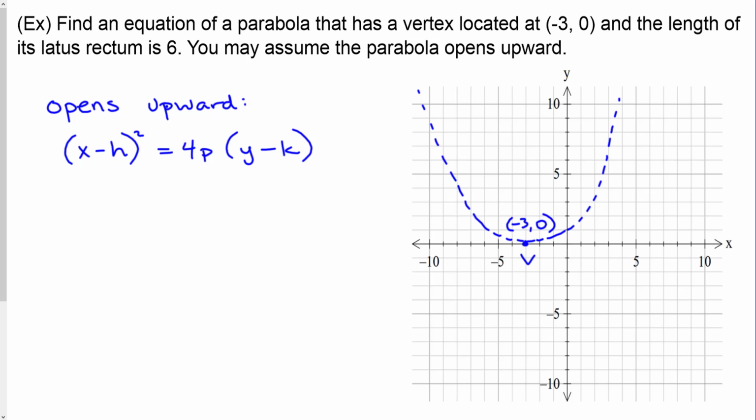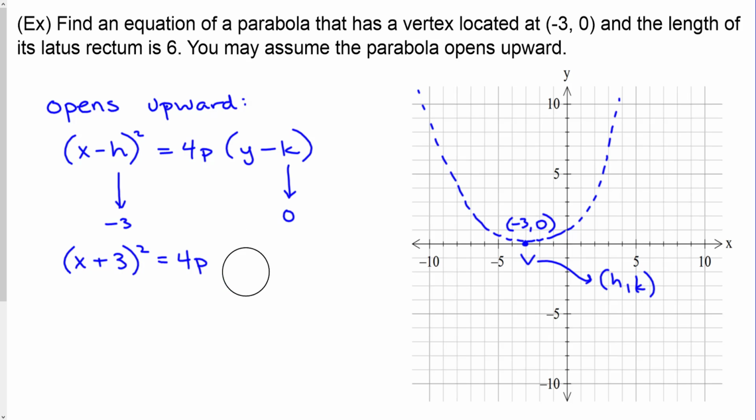Also, since we already know the vertex is located at h, k. So the coordinates of the vertex is always at h, k. So I know that h is -3, k is 0, so that gives me x, so it's minus h, so minus -3, so x plus 3 squared equals 4 times p times, well, actually it's going to be y minus 0, so let me just put a y in there.